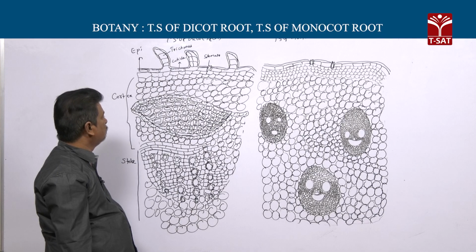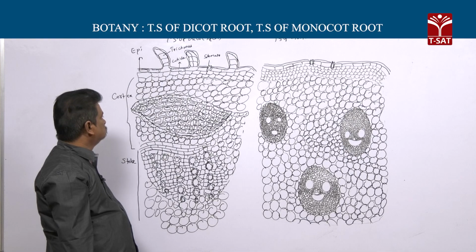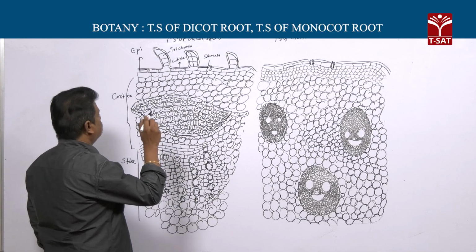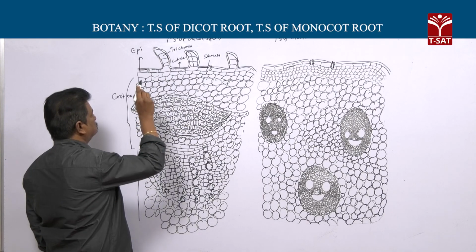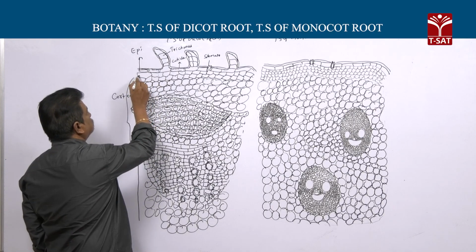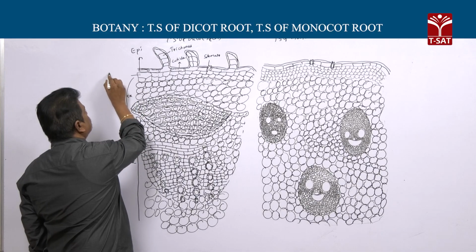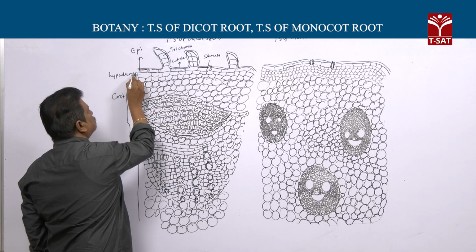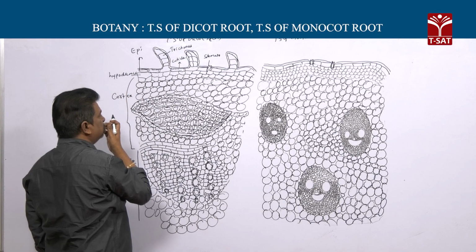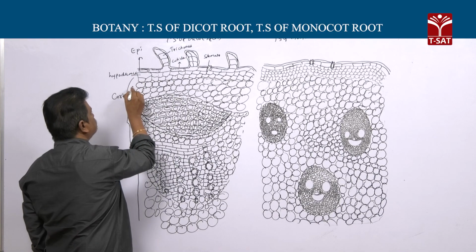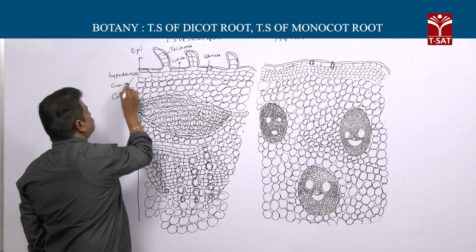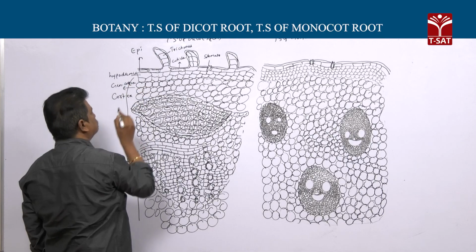Cortex, actually cortex shows three parts. One is outer cortex. Outer cortex is called hypodermis. Then middle cortex is called general cortex.